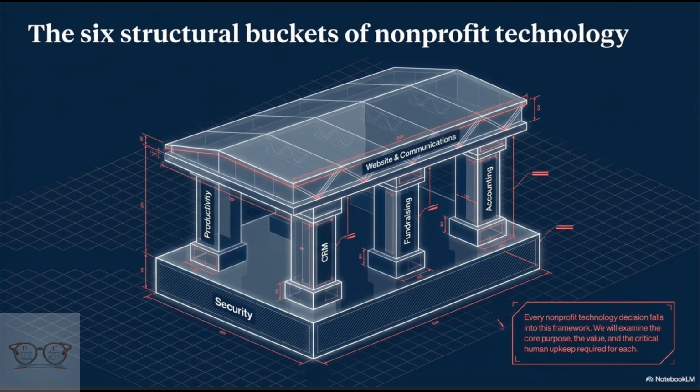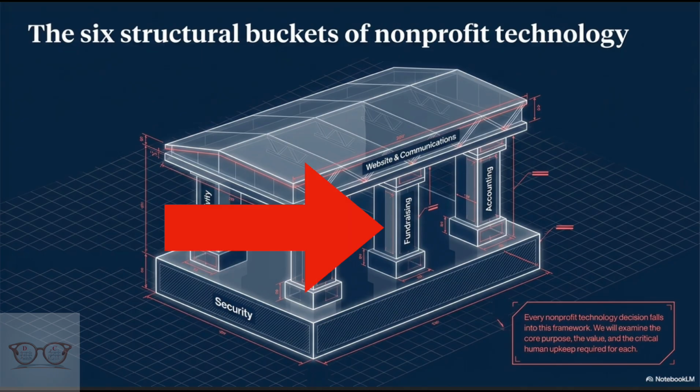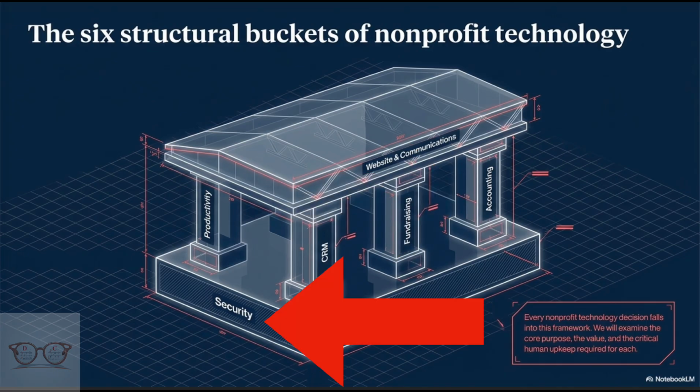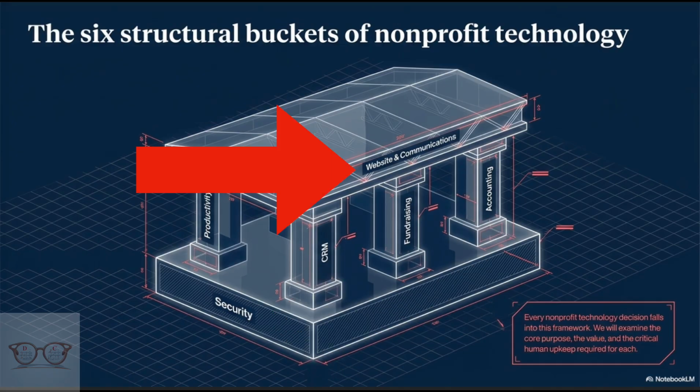Next is fundraising, how money actually gets from a supporter to your account, and it includes grants too. Next is accounting, how that money gets recorded, tracked, and reported once it arrives or once it's promised. Then there's security, how you protect the data you're holding. And finally, website and communication, and that's about how you reach people in the first place.